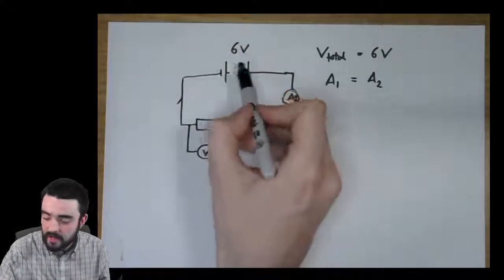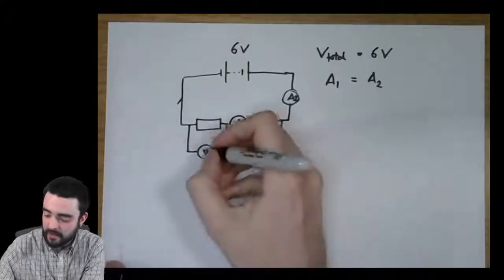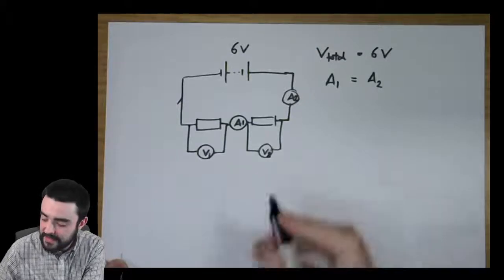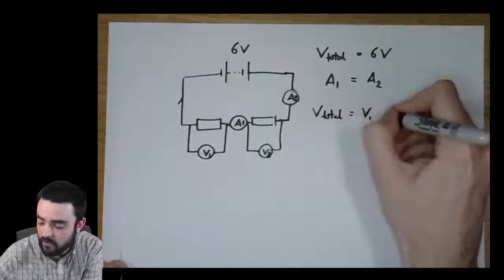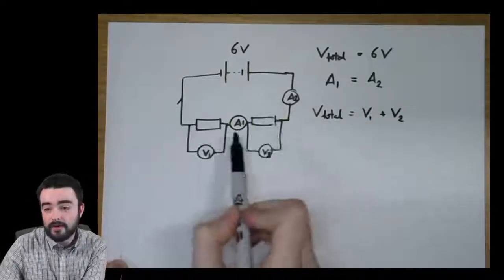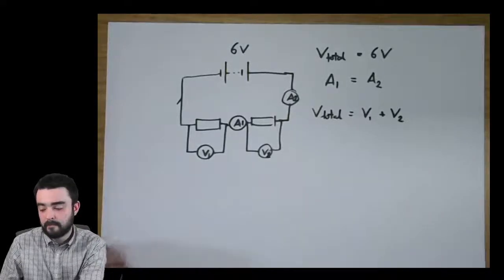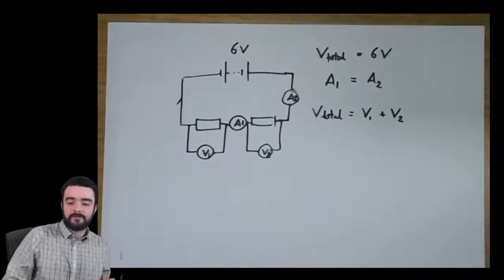So if our supply, our total input voltage, is 6 volts, then if we think about this as V1 and that as V2, we can say that the V total is going to be equal to V1 plus V2. And if we had any more components in here, then that would just be shared between all of them, because the energy is being shared between each component.